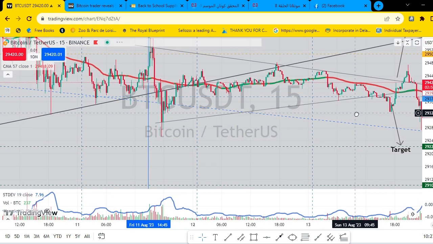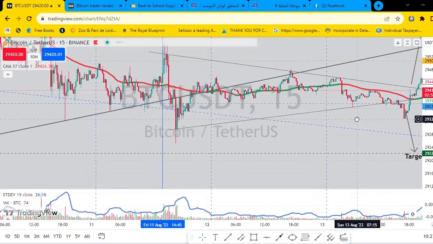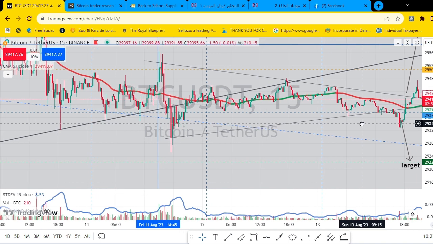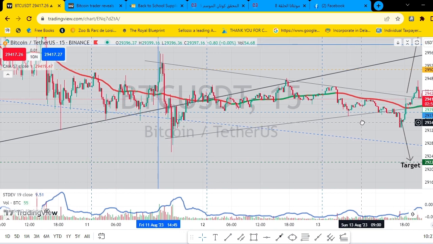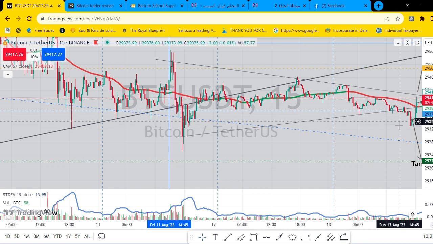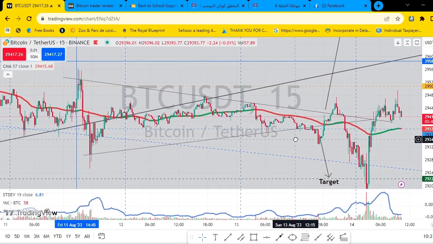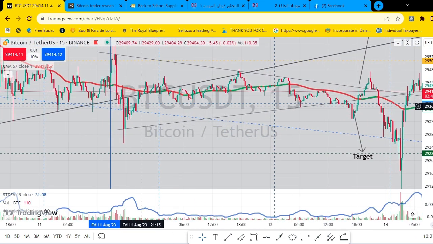So when I analyzed the chart yesterday, the price was around this level, and as you can see, I always trace major trend lines and minor trend lines on the daily.